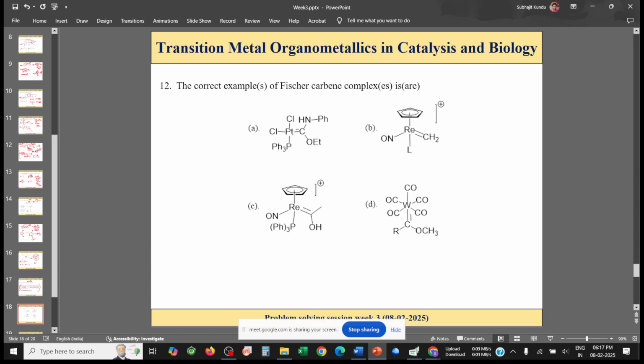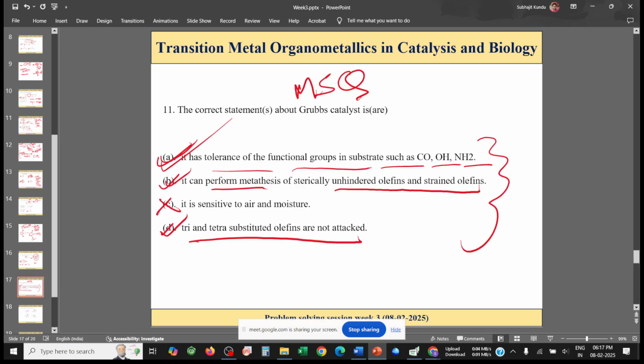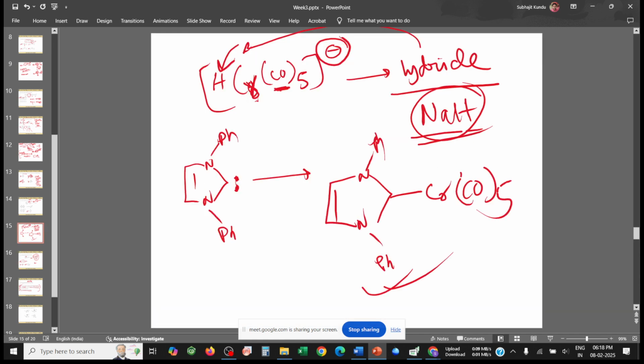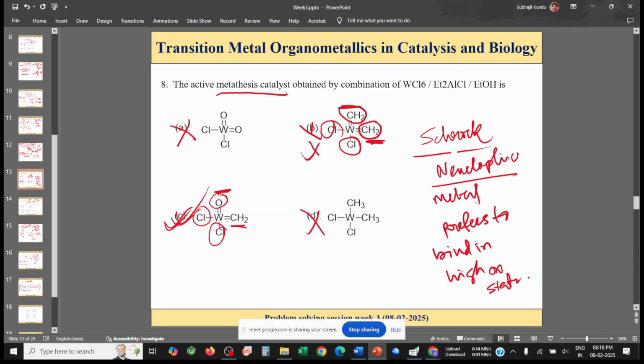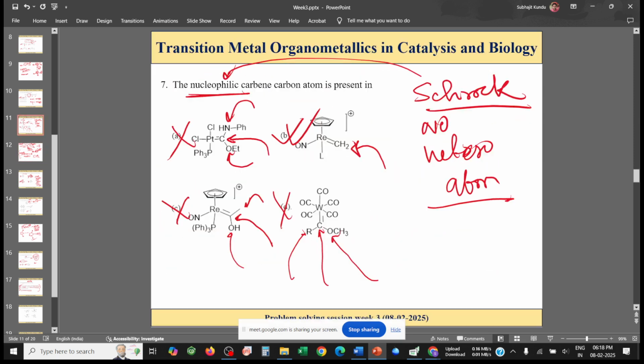We already had this question before, and I believe the options are also the same. Let me go to the previous question. Yes, this one. You can see that all four options are the same, but the question is different.